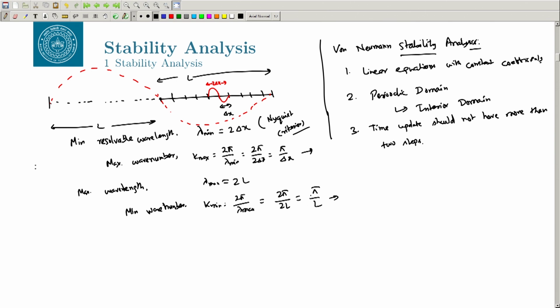So, this is the minimum wave number. You can have 2 into pi by L, 3 into pi by L, and so on and so forth, right. So, you can write it like that. So, all harmonics, all the waves representable on this particular grid.